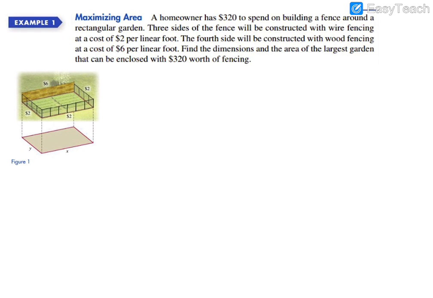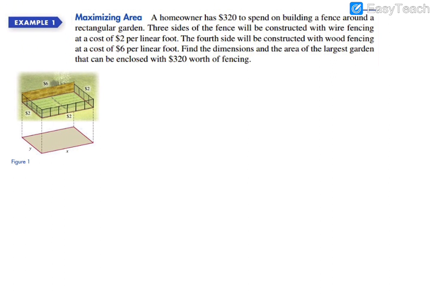A homeowner has $320 to spend on building a fence around a rectangular garden. Three sides of the fence will be constructed with wire fencing at a cost of $2 per linear foot.